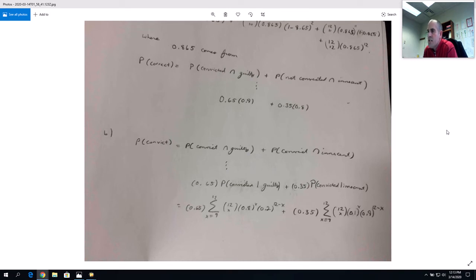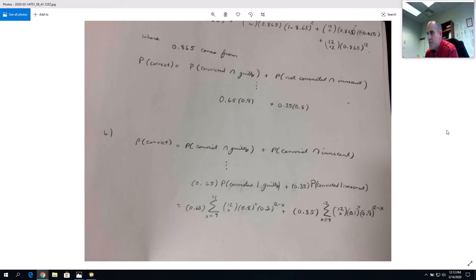Okay, and then you can use conditional probability as you have here to write that as basically the probability that they are guilty in the case of the first summand times the probability that they are convicted by that jury given that they are guilty.